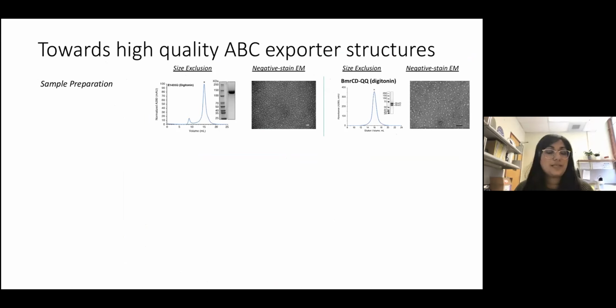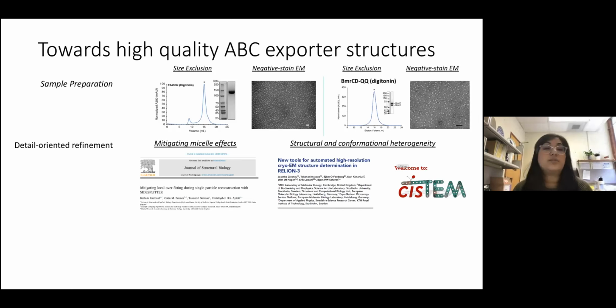We have this expectation for Gaussian peaks, as well as very monodispersed particles by negative stain. It's not always possible to get 3D reconstructions from these negative stain images, but we find that by confirming that at least the particles are homogeneous and well dispersed, our issues of sample stability are likely not going to contribute to some of the downstream difficulties that typically arise with working with membrane proteins.